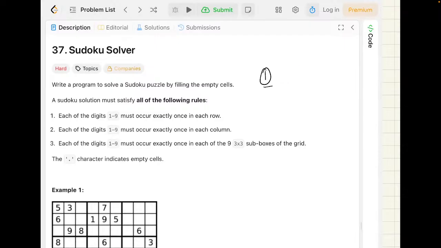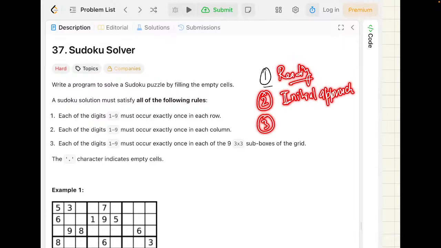Step one is about reading the problem. Step two is about forming the initial approach. Step three is doing the time complexity analysis. And step four is actually doing the problem solving.